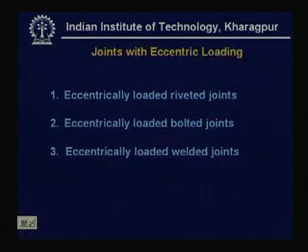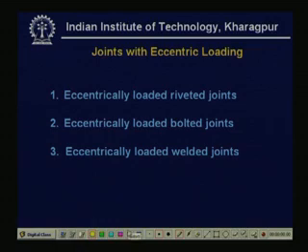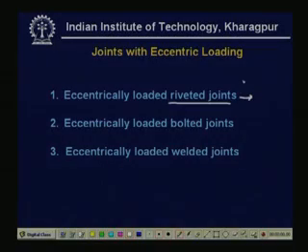Now, let us come to the joints which we have studied so far, and here in this lecture we are going to study how to design a joint when the joint is a riveted joint. You all remember what a riveted joint is, and it is a permanent type joint. In most of the applications where riveted joints are used, the load is applied in such a way that the riveted joint acts primarily under shear.